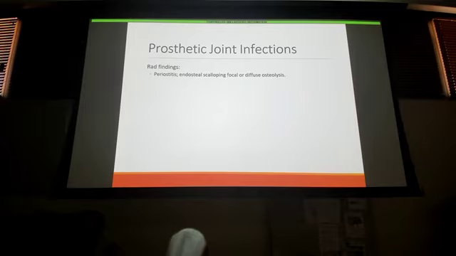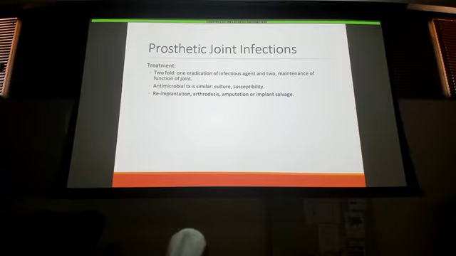Radiology findings, you could have some periostitis, which is just scalloping of the bones. And there's twofold treatment. One, you got to get rid of the actual bacteria causing the problem, and two, you got to maintain the usefulness of the joint itself. And so a lot of surgeons will take a lot of care if they got a high-risk patient when we do a joint replacement to make sure that that joint is cared for well. And if there's problems, they'll address it pretty quickly.